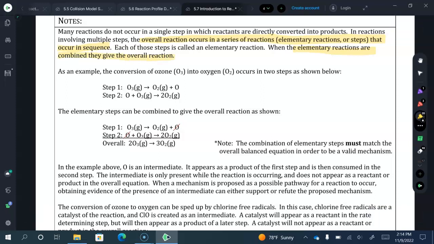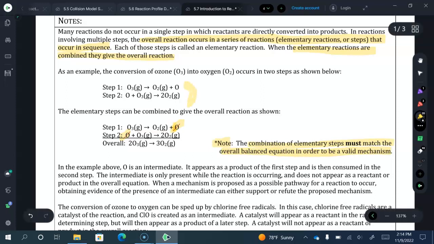So as an example, the conversion of ozone to oxygen occurs in two steps as shown here. The elementary steps can be combined where we cancel out things that are common on both sides of the arrow, like you do in net ionic equations, to give the overall reaction. Please note that the combination of elementary steps must match the overall balanced equation in order to be a valid mechanism.